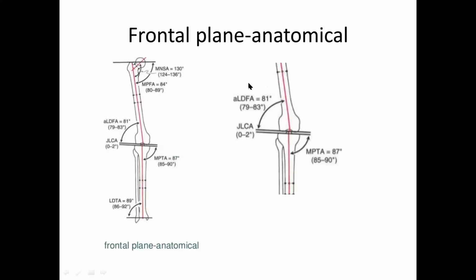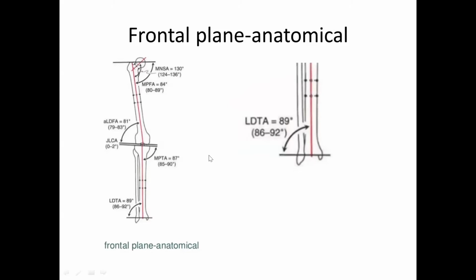So it was 88 with reference to the mechanical axis, and with reference to the anatomical axis, it is now 81 degrees. In the proximal tibia, the medial proximal tibial angle is more or less the same. And the joint line congruence angle also remains the same.